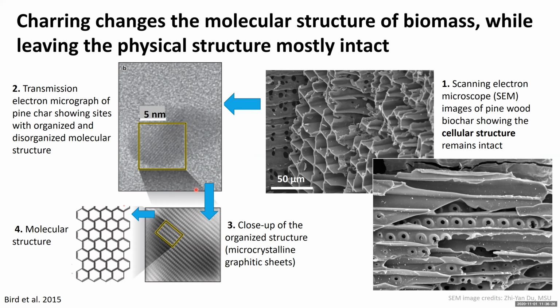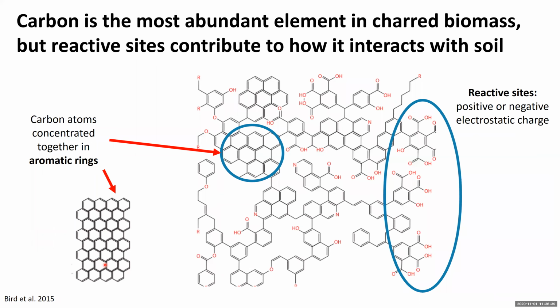And that is because the area with the linear pattern represents areas with the most condensed molecular structure, or the area most concentrated with carbon present as these 6 carbon ring structures. But the areas outside of that linear pattern, or the disorganized domains, are not quite so concentrated in 6-carbon rings.